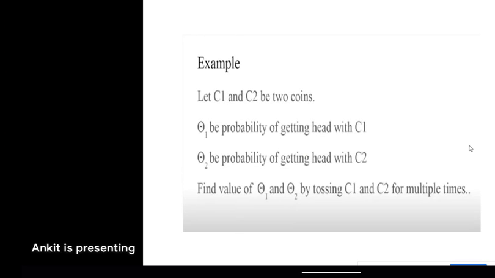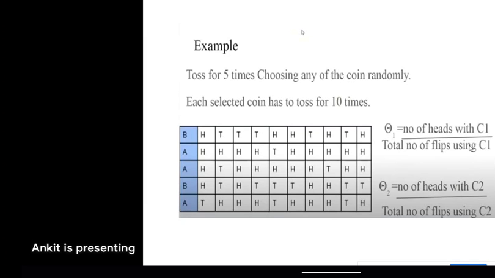Okay, so theta 1 we have assumed is the probability of getting head with coin C1, and theta 2 is the probability of getting head with coin C2. Now we will find the values of theta 1 and theta 2 by tossing both the coins multiple times. So this is the data here in front of you.